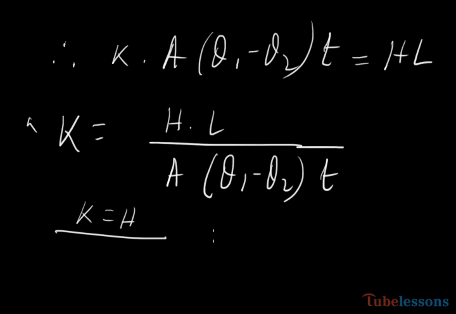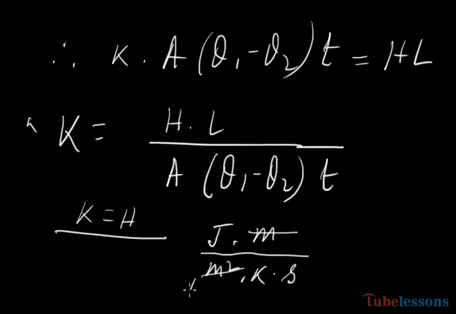The unit of K in SI is joule into L, length in meter, by A, meter square, theta 1 minus theta 2, temperature difference in Kelvin, into time in second. Meter and meter square will cancel, it will be meter. So that equals joule meter inverse Kelvin inverse second inverse.